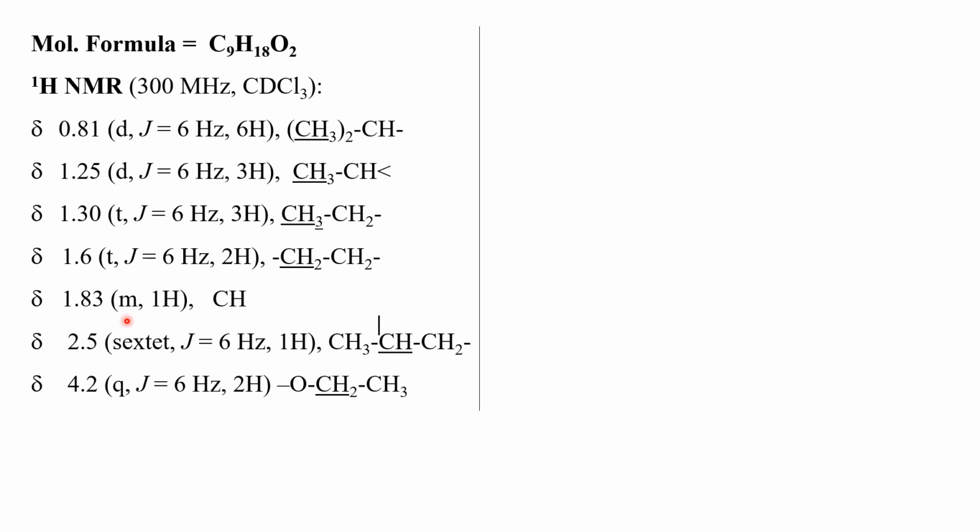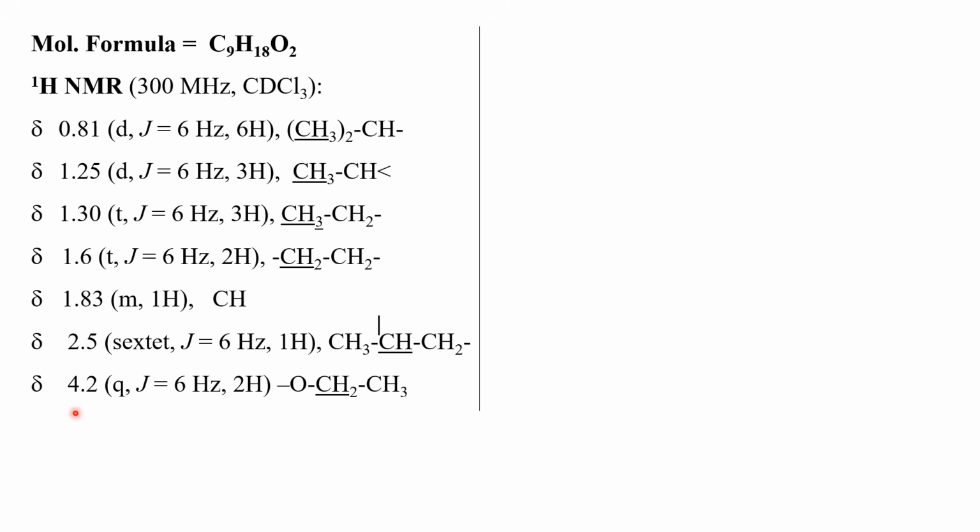1.83 is a multiplet for a single hydrogen. For the time being we will write CH, but there can be a number of neighboring hydrogens. 2.5 delta shows a sextet for 1 hydrogen, so the neighboring carbons should carry a total of 5 hydrogens. So it can be a CH3, CH and CH2.